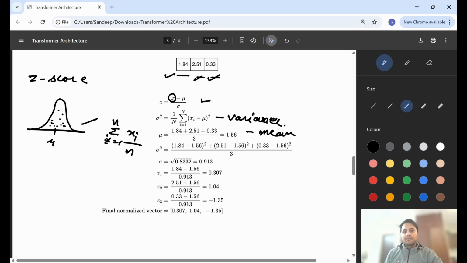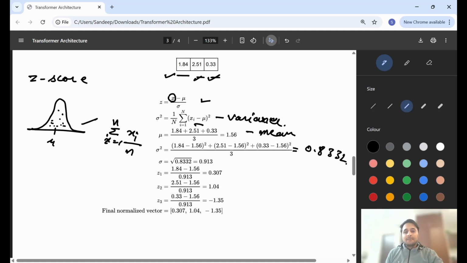Now we compute sigma square. The formula of sigma square is mentioned here. We use the mean in the formula of variance, and using this formula we compute our variance, which is 0.8332.